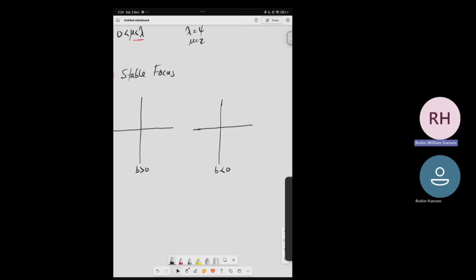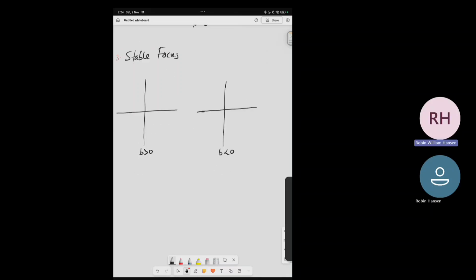Now, for stable focus, we have our eigenvalue lambda to be equal to A plus or minus IB, where I is the imaginary number. And in this case, we take B to be greater than 0.